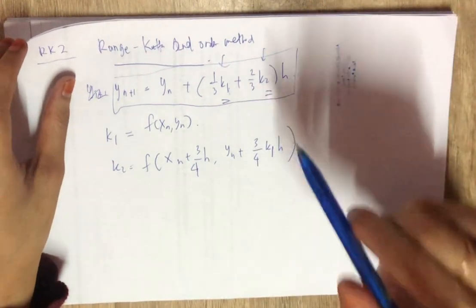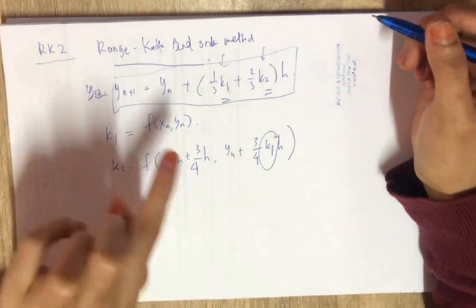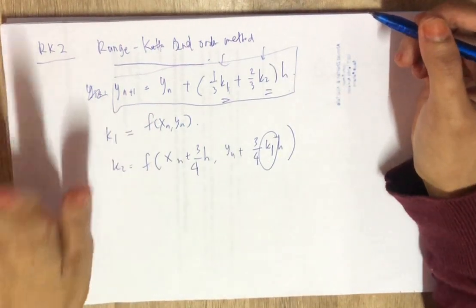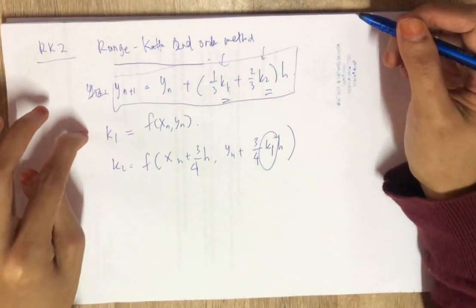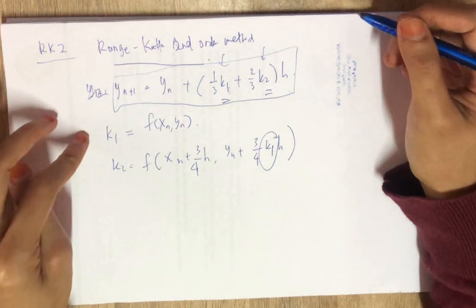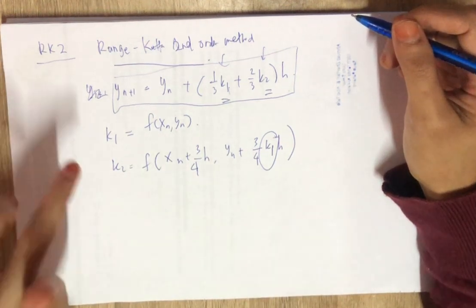One more thing I want to highlight here, class. To find k2, you need to know your k1. If your k1 is wrong, for example you make a careless mistake, you will get a wrong answer for k1.